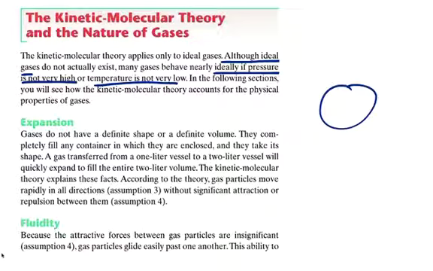You can imagine if you push molecules all together or get them really cold so they all start sticking together. These are supposed to be gas molecules, not a happy face. If we get them really close together, then all those things are going to fall apart. But as long as we're not at intense pressures or temperatures, then our kinetic molecular theory will work to explain most of the behavior of gases.